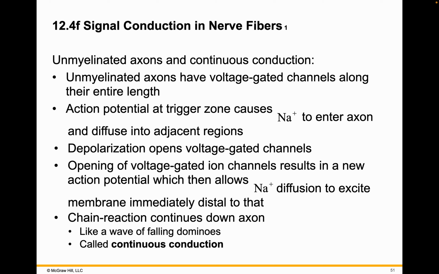Opening of voltage-gated ion channels results in new action potentials, which then allows sodium to diffuse to excite the membrane immediately distal to that. That chain reaction will continue down the axon like a wave of falling dominoes, and this is called continuous conduction. You have to send the signal all the way down an unmyelinated axon.